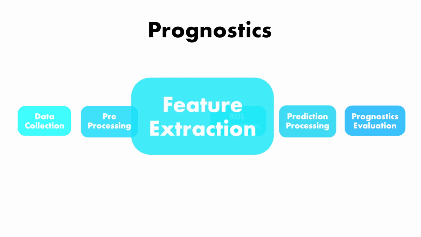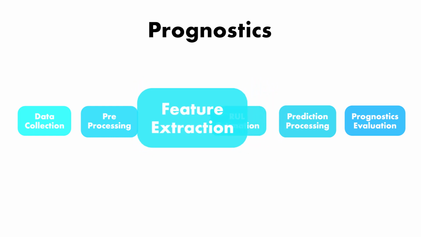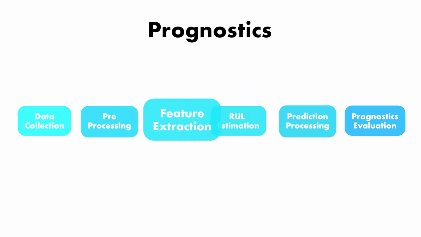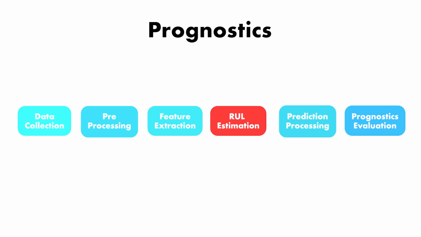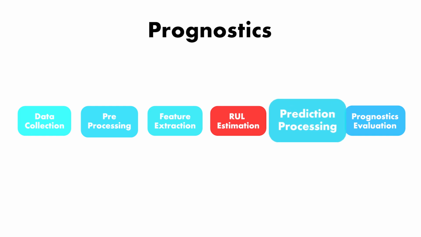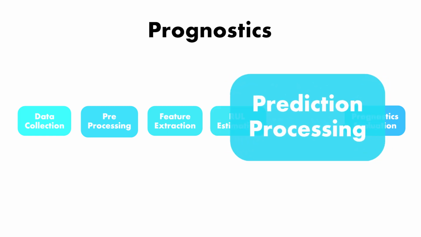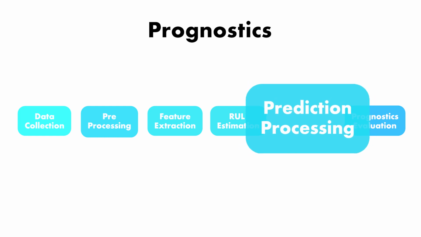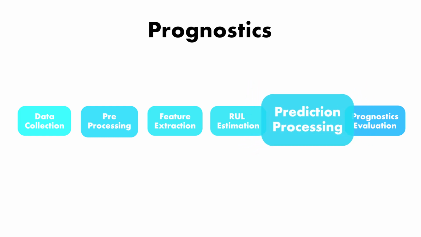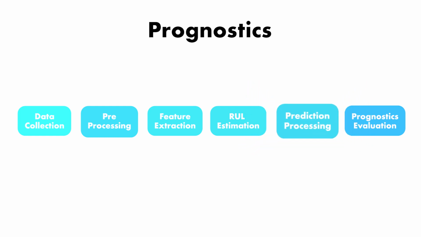We can do some kind of physical smart extraction here. Then this goes into a model, such as a machine learning model or a physics-based model or a hybrid model. And after we gather the predictions, sometimes we need to make sense out of them by applying a Kalman filter or by doing any other kind of post-processing technique.